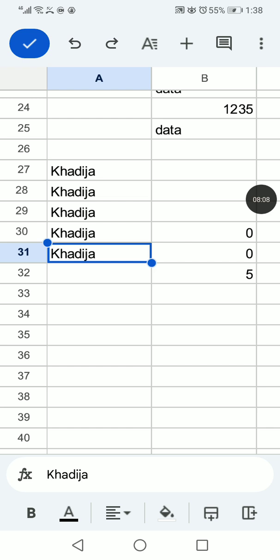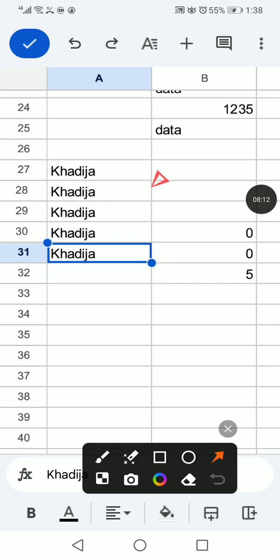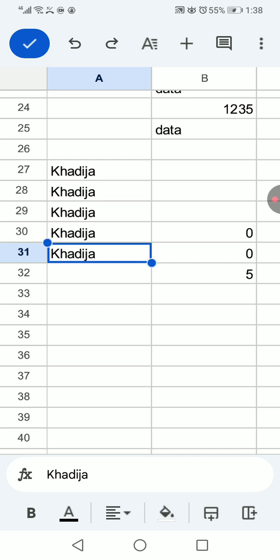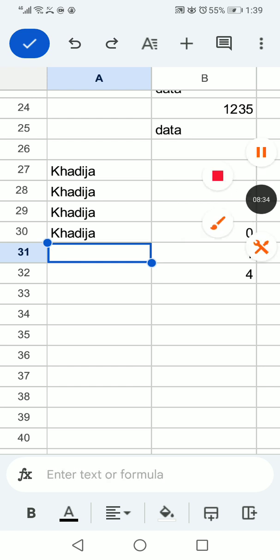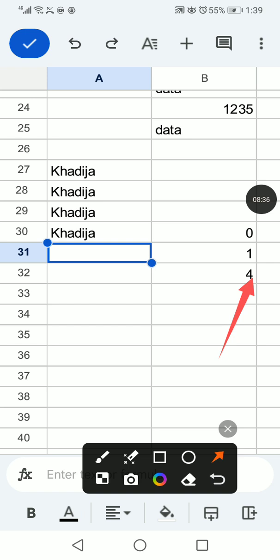Another option we can use, I am going to delete this one time Khatija. So out of 5, when 1 would be deleted, how many times would Khatija be written? 1, 2, 3, 4. So let's delete it. So I'm going to clear it, and you will see the answer would be altered from 5 to 4. Here you can see that your answer now is 4.